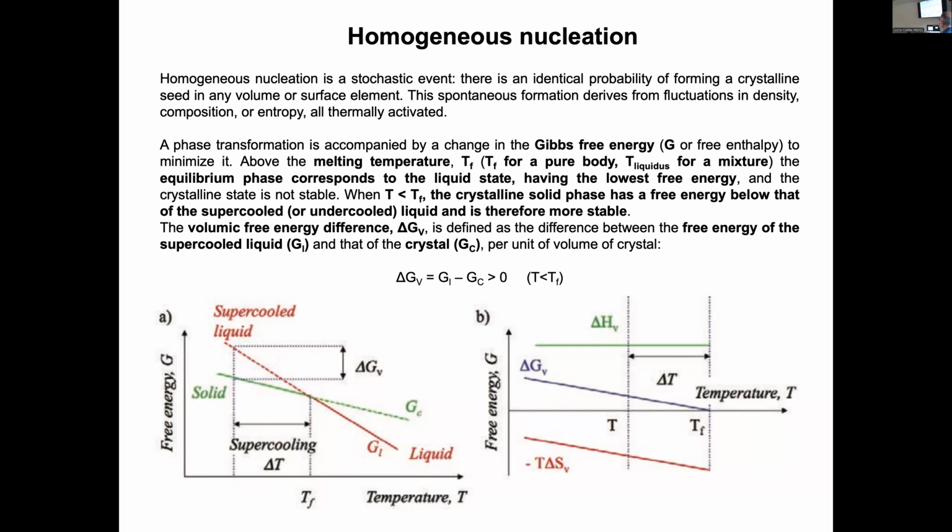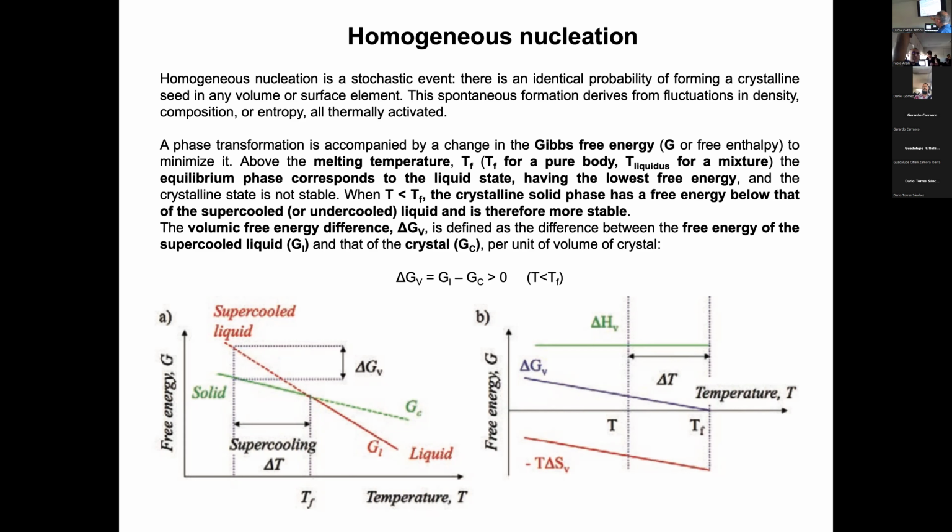If we move to a temperature lower than the melting temperature, we have the opposite condition, where the Gibbs free energy of the crystal will be lower, so therefore the crystal can be stabilized.